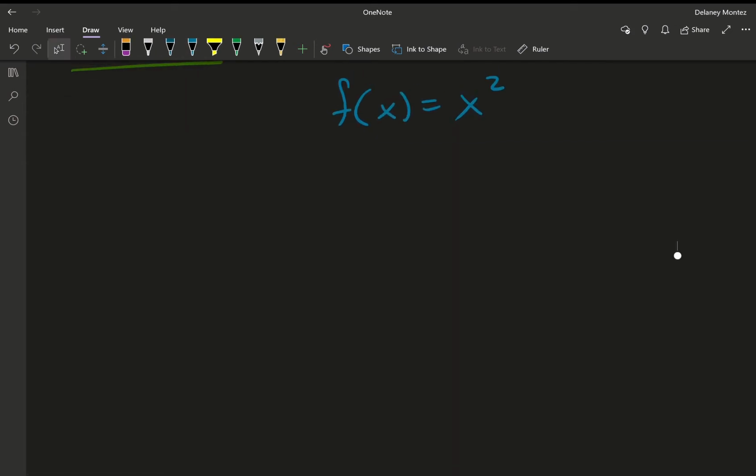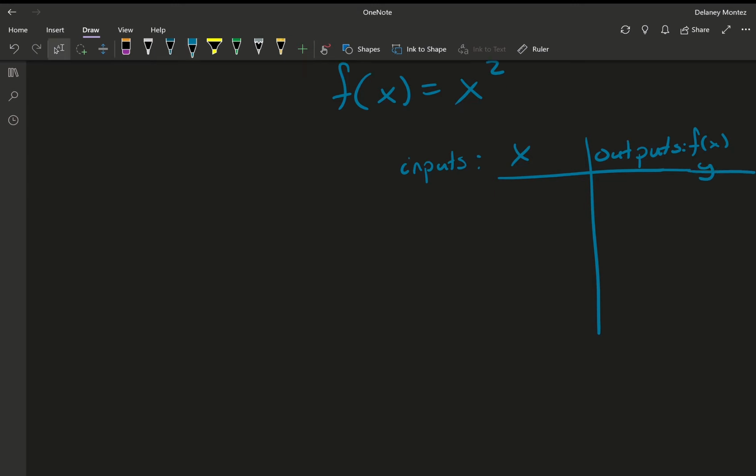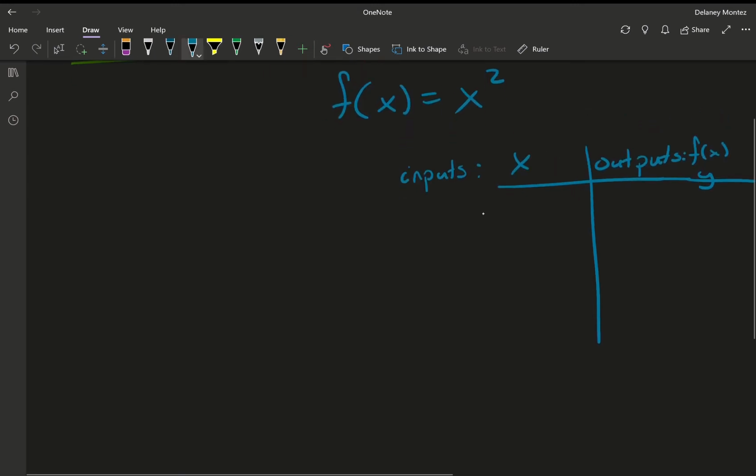And we ask ourselves, what's the idea behind the function? You have your inputs, then you have your outputs, and this is f of x, or this is y. So for our function here, we have f of x equals x squared.